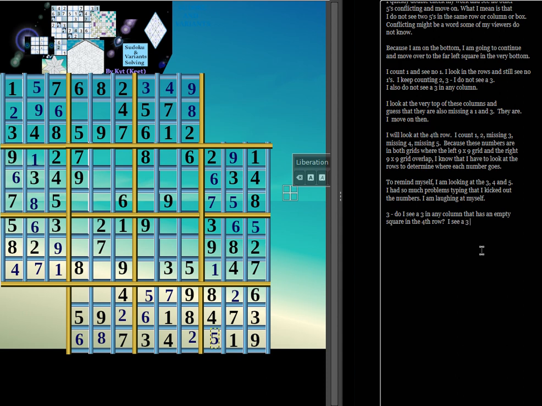I see a 3 in the last column with the empty square.